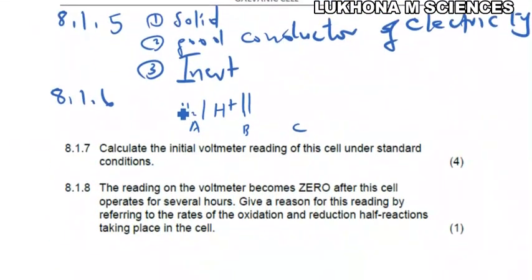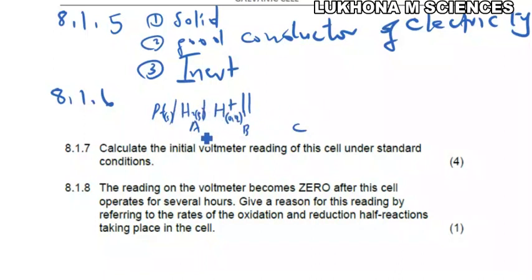The platinum is a solid. This is the phase separator. Then hydrogen is a gas. This is a phase separator. Then hydrogen ion is an aqueous solution. Once we have different phases, we must have a phase boundary, that vertical line.